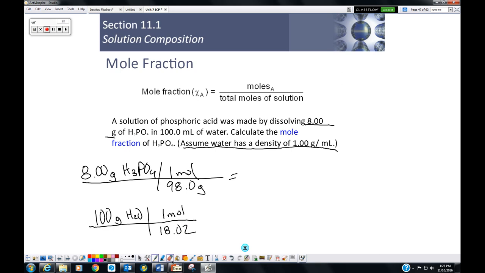Oh, it's H2O. Whoops. I always forget the 2. All right, I got 0.0816 mole. And then I got, what did we get for the second one?